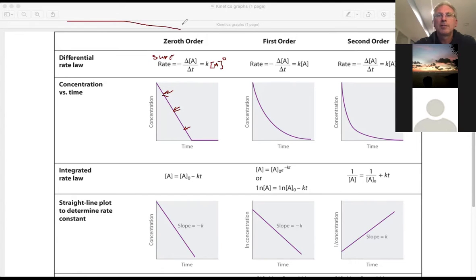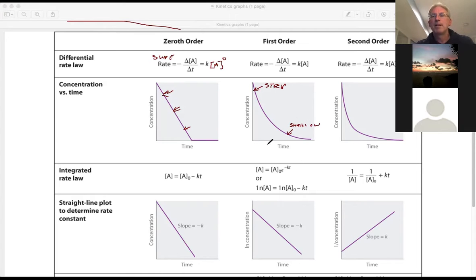Okay, now what do you notice about this slope over here in the first order equation? You're not noticing anything, are you? Okay, why not? You should be noticing some things. The slope decreases. The slope is really steep here, and down here, it's kind of shallow.